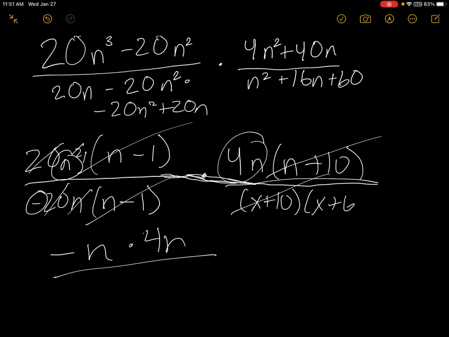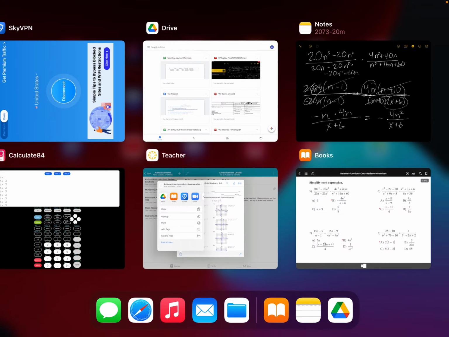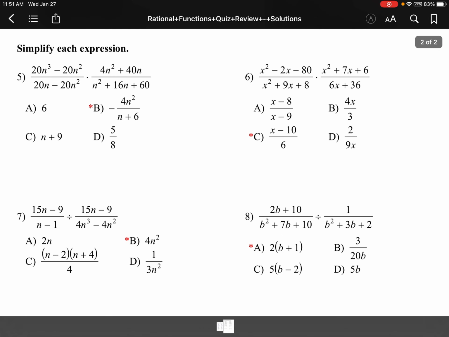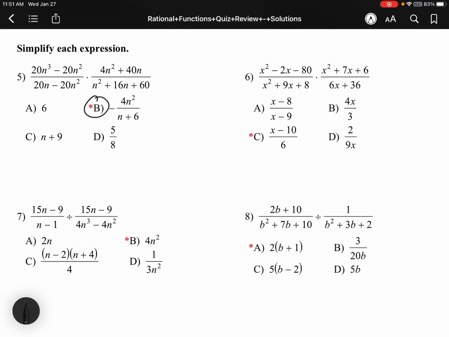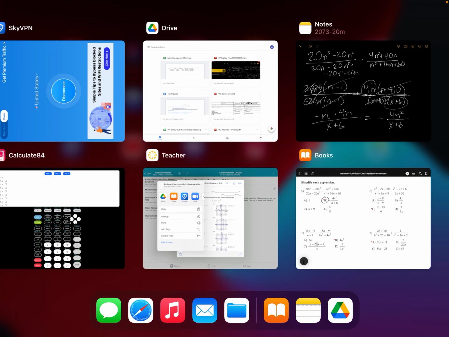Our denominator, we're left with x plus 6. So if we multiply 4n times negative n, we get negative 4n squared over x plus 6. Let's go back to our worksheet. And if you look at option B, we have negative 4n squared over n plus 6, the same answer that we just arrived at over here.